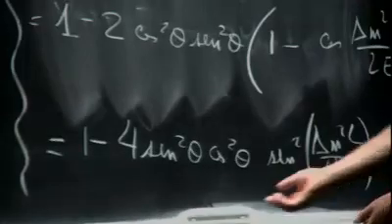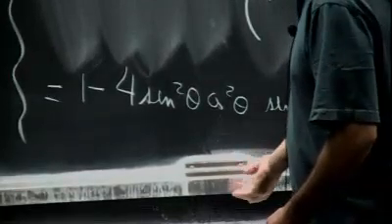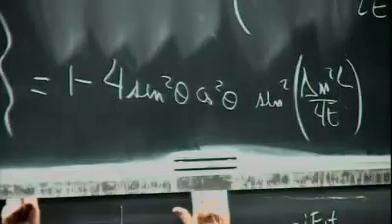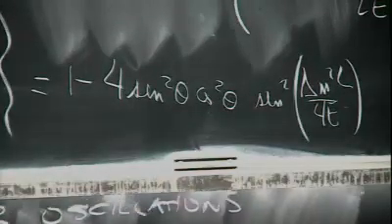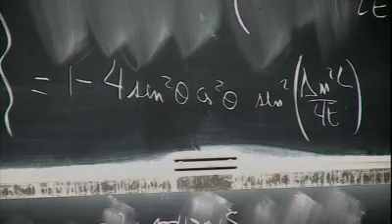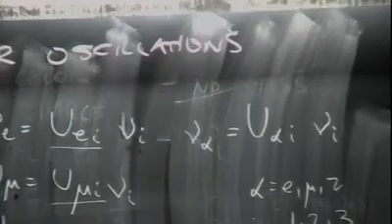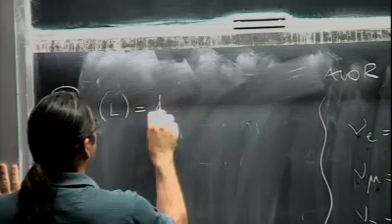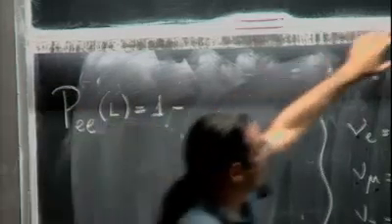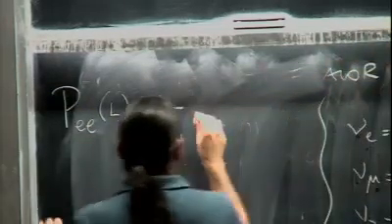So what we learned at the end of the day is, let me do it over here, that if you're born as an electron neutrino and you propagate a certain distance L and you're detected as an electron neutrino, as a function of L, that looks like 1 minus 4 sine squared theta, cosine squared theta.